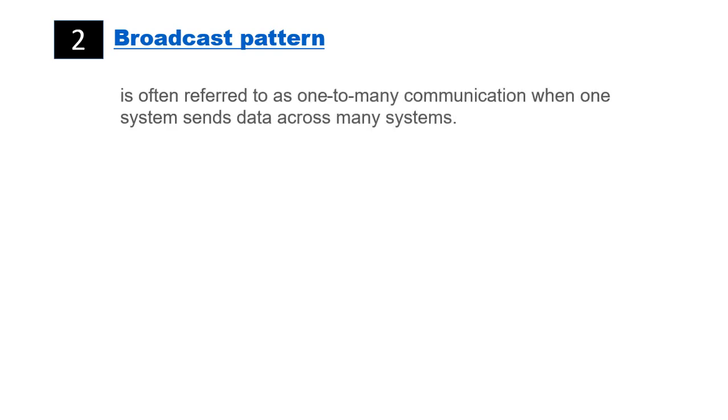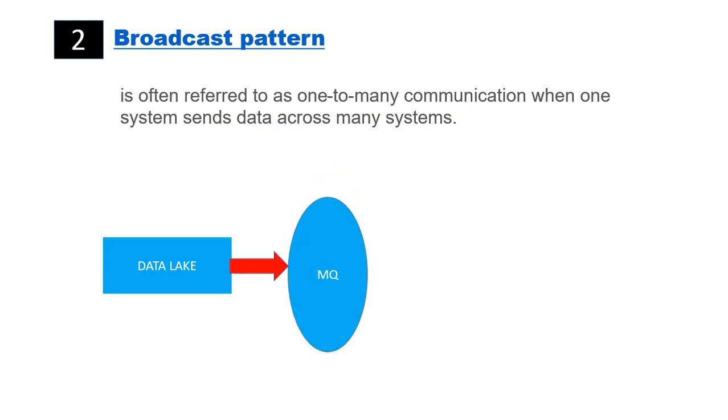And the second integration pattern is the broadcast pattern. What is the broadcast pattern? It is often referred to as one-to-many communication. When one system sends data across many systems, we call this the broadcast integration pattern. For example, let us take a data lake in the Hadoop system and send the data to an MQ, or messaging queue, in a topic.